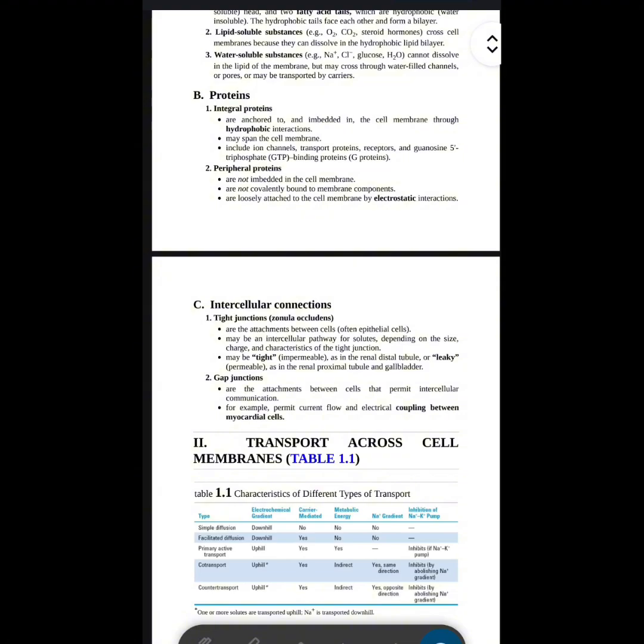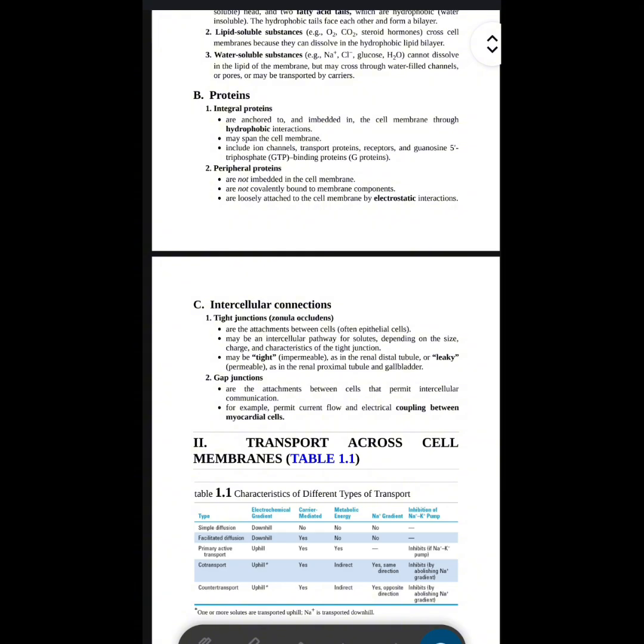The other one is intercellular connections, in between the cells. Tight junctions, called zonula occludens, and gap junctions are attachments between epithelial cells, and gap junctions are the coupling between myocardial cells.